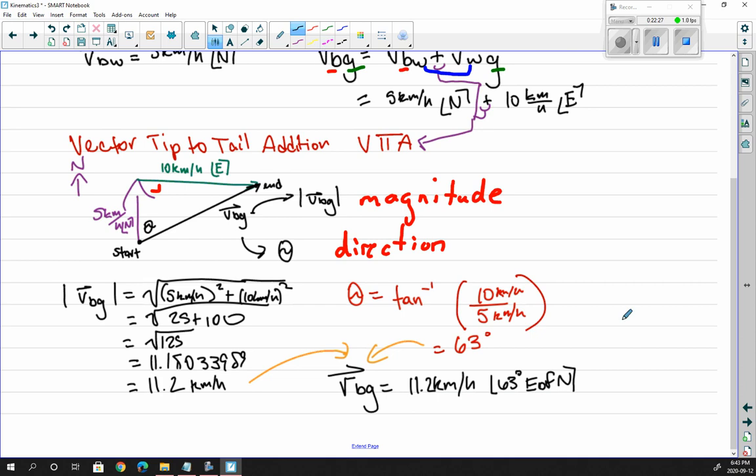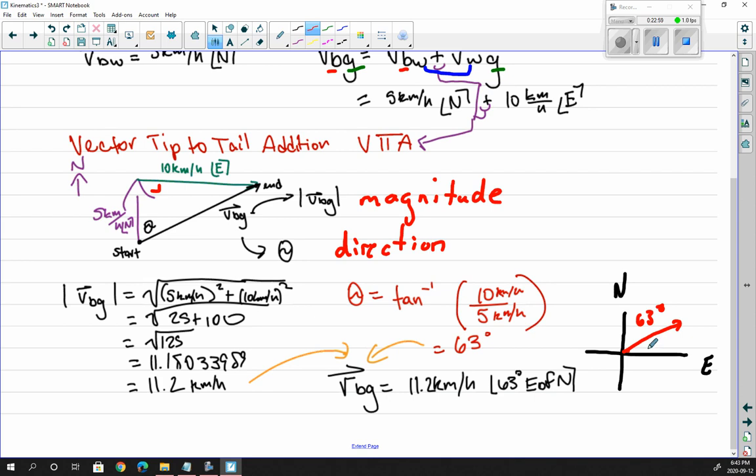So here's north. Here's east. Here is the vector that we just found. It's 63 degrees east of north. Okay. I hope you can figure out from math class that there's another angle down here that, if you add this angle to the 63, you'll get the full 90.